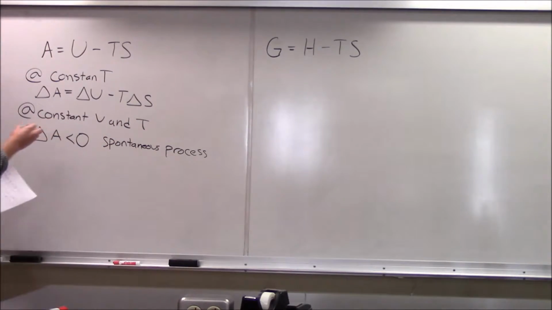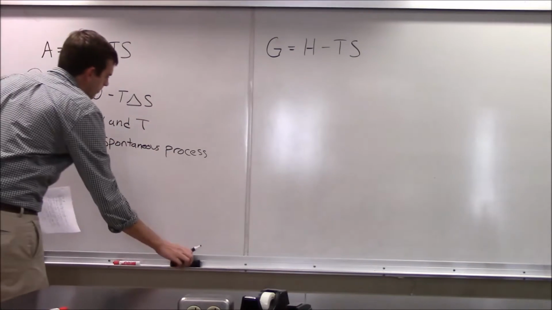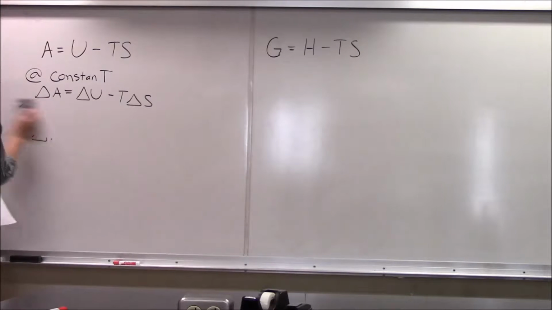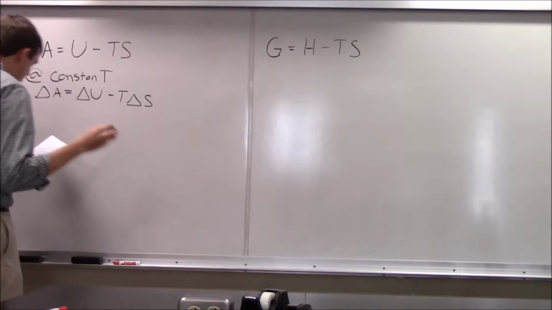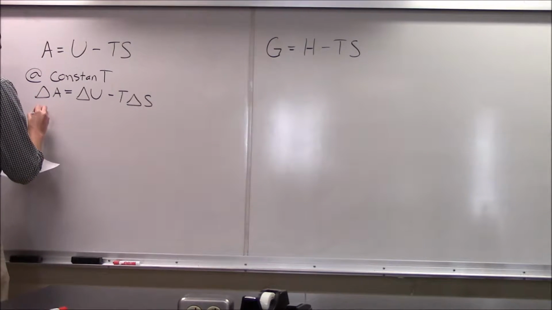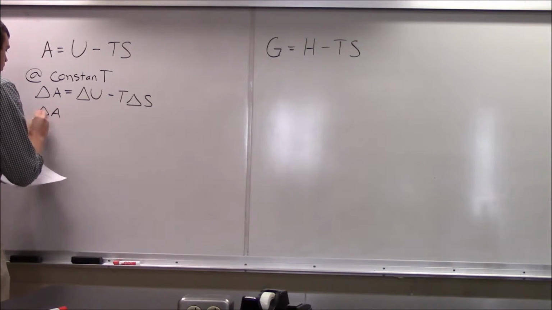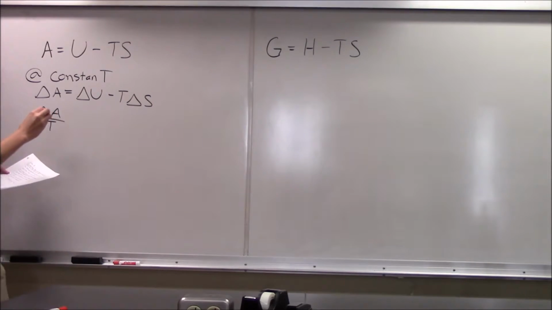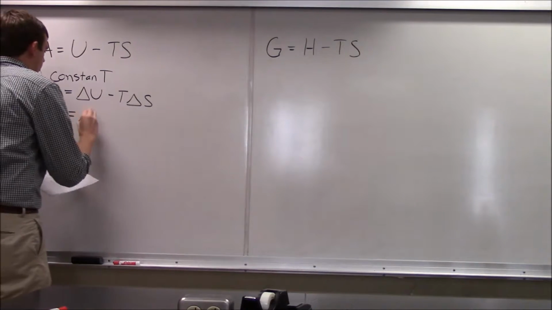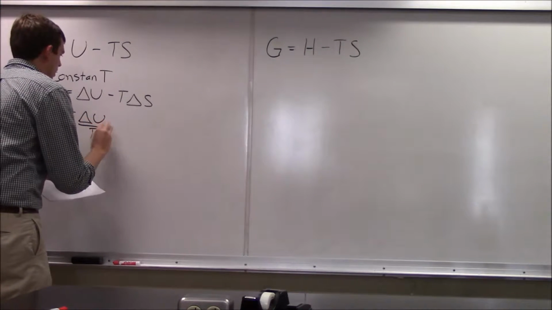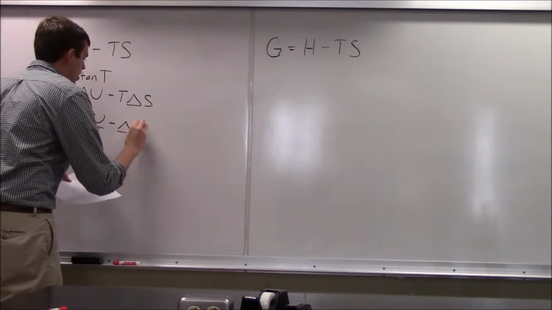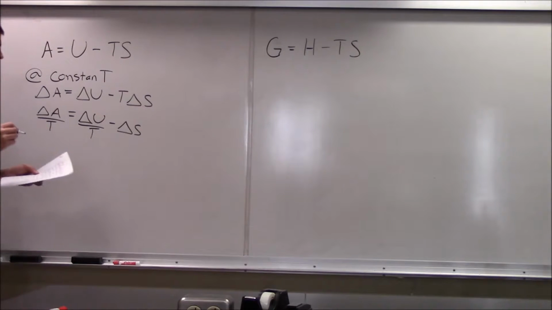Taking a look at this first equation here, I can write this by dividing everything by temperature. So I'm going to have the Helmholtz free energy change divided by T, my internal energy change divided by T, and now I'm just left with my change in the entropy of the system.